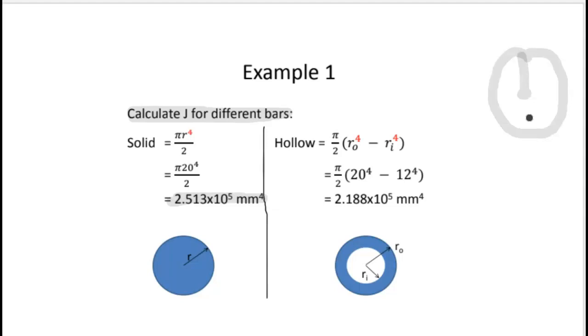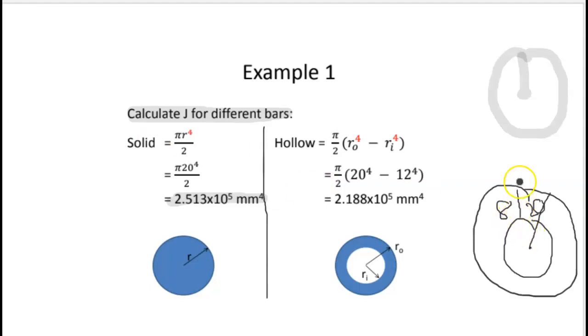So 8 plus 8 is 16. 40 minus 16 is 24. The thickness is 8 and the total radius was 20, so the inner one is going to be 12, isn't it? Make sense? The inner one.